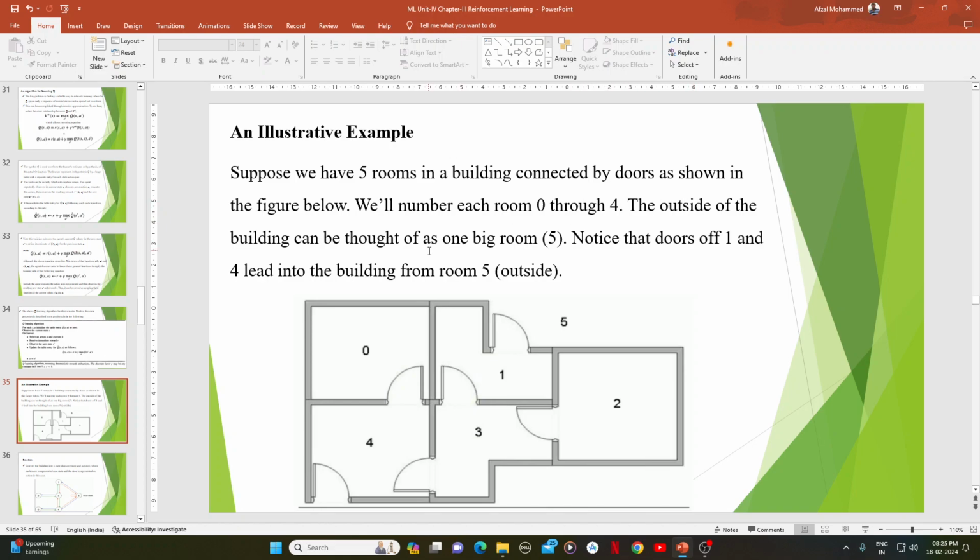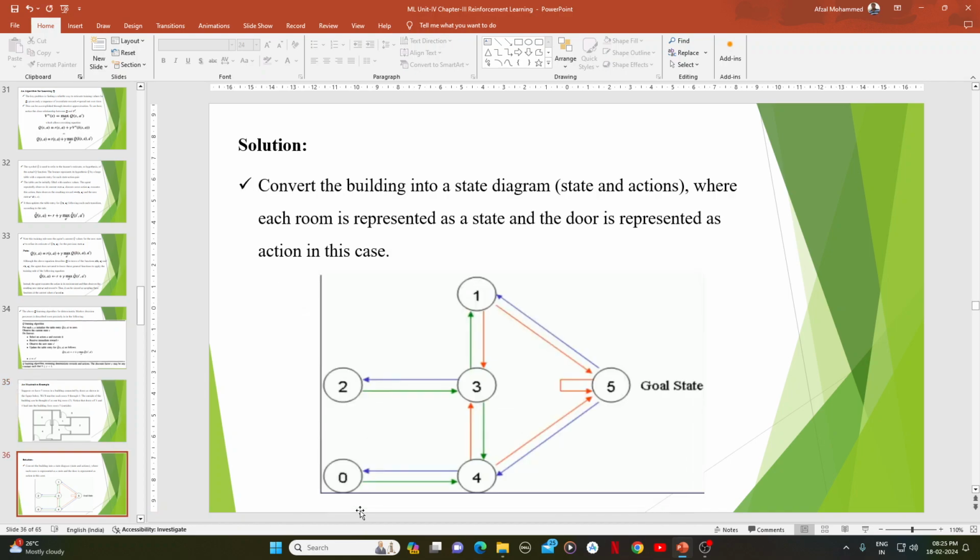The outside of the building can be thought of as one big room, room 5. Notice that the doors of rooms 1 and 4 lead into the building from room 5, outside. So from room 1 we have a door which will move us outside, and from room 4 also we have a door which will take us outside.